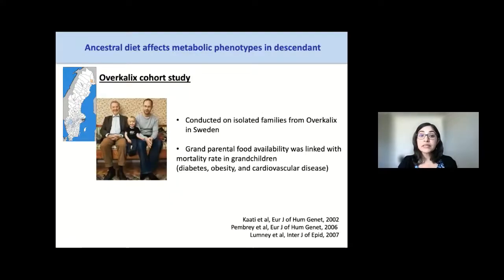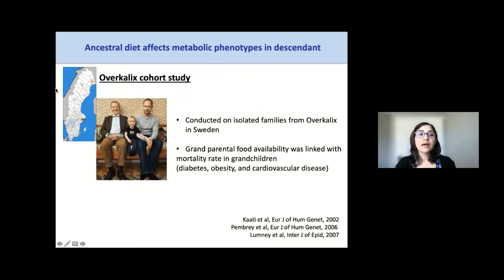Indeed, there is some evidence from human studies. And this was kind of where this field restarted, I would say, the whole idea that this could happen. This study showed that ancestral diet can affect metabolic phenotypes in descendants. It is known as the Overkalix cohort study.